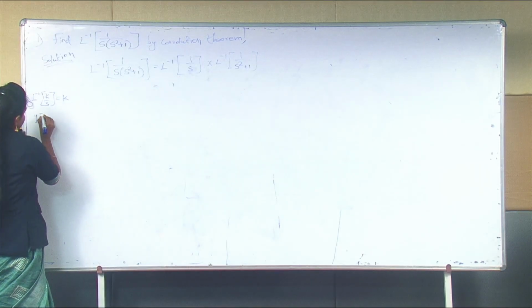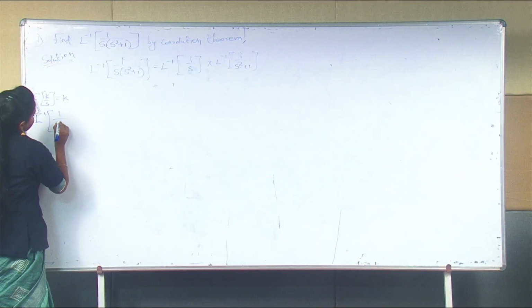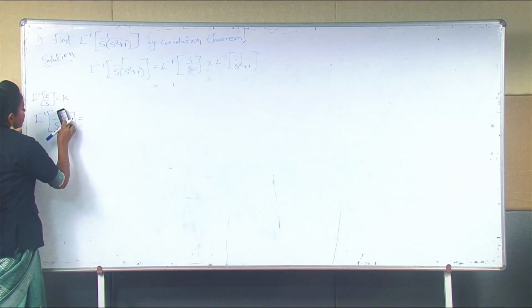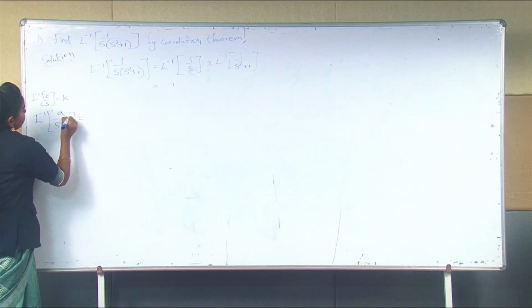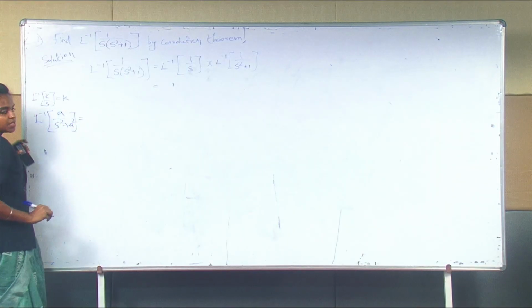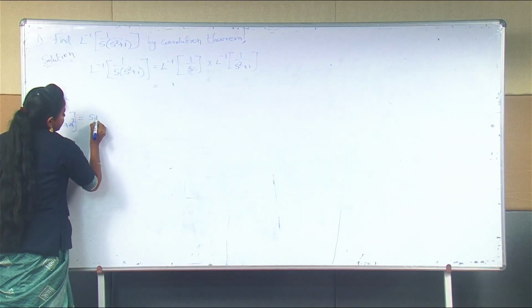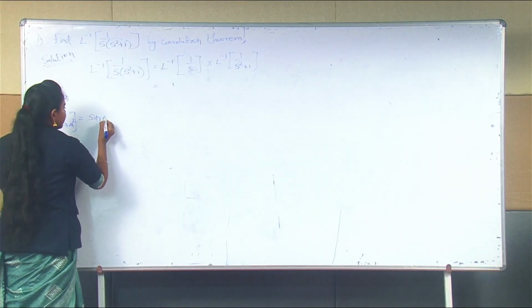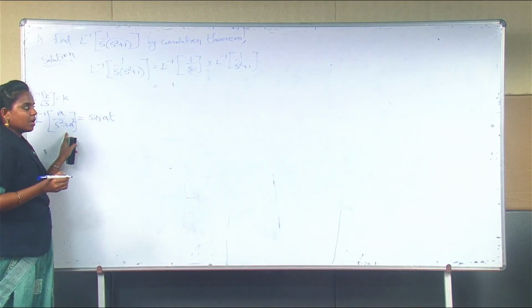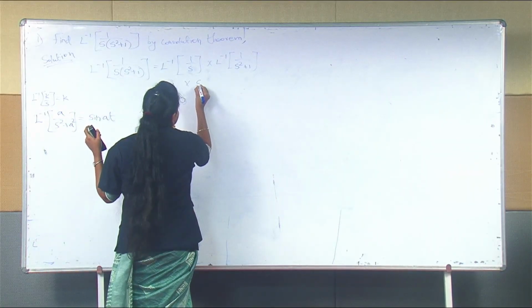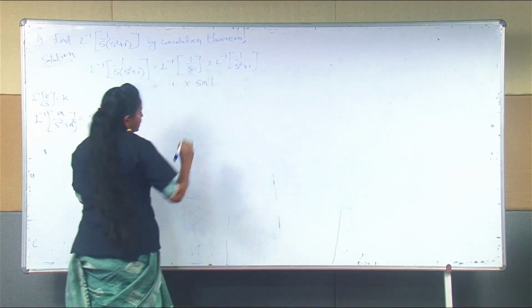Next, we know that L inverse of 1 by s square plus 1: the general formula is a divided by s square plus a square, which gives sine of a t. So by using this formula, we get sine t.